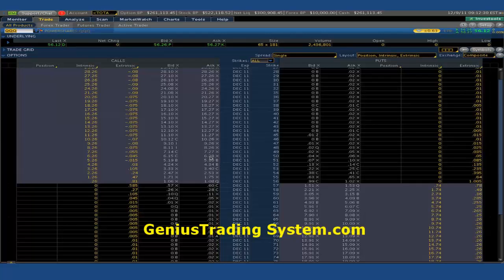Subtracting 50 from 56.12 gives you a value of approximately $6.12. That's the current stock price of $56.12 minus the strike price of 50, which gives you an intrinsic value, or real value, of $6.12.